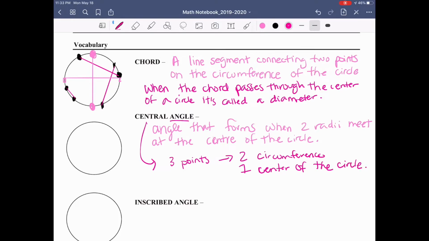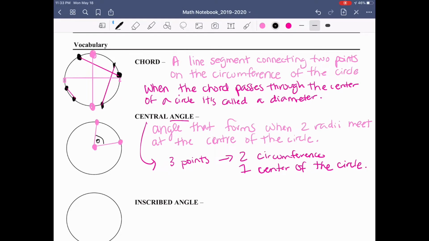Let's say we have this circle right here. If you have a point in the center and you have 2 points anywhere on the circumference, the angle that forms between them, we call a central angle.